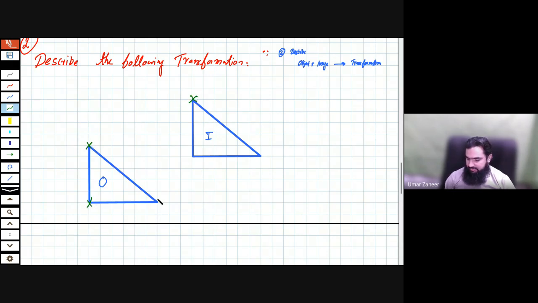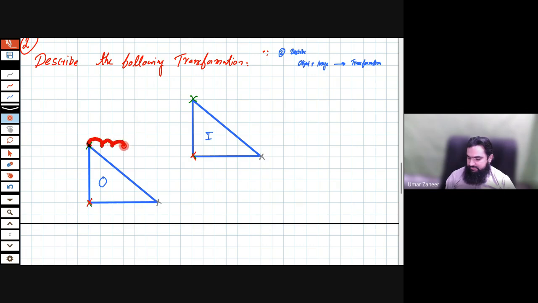These two are corresponding points, and these two are also corresponding points. You have to find the distance between two corresponding points, moving from object to image.